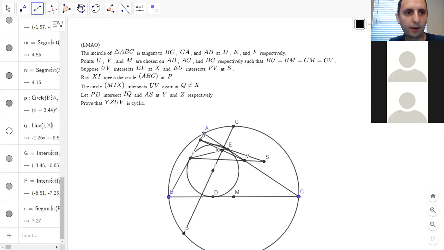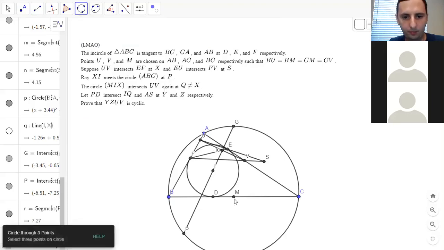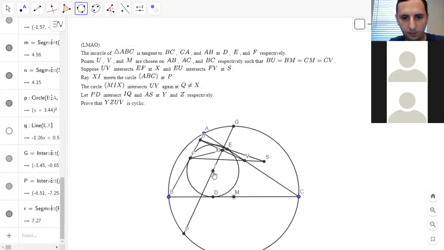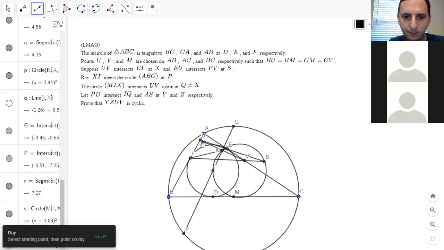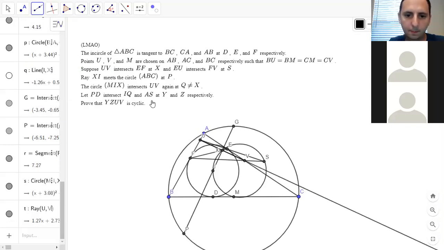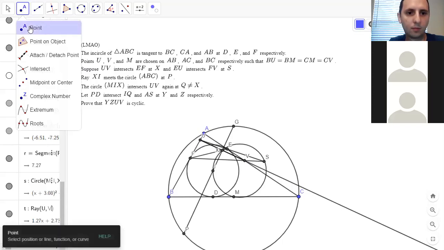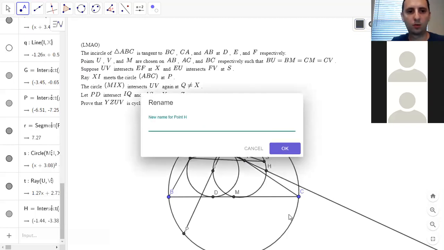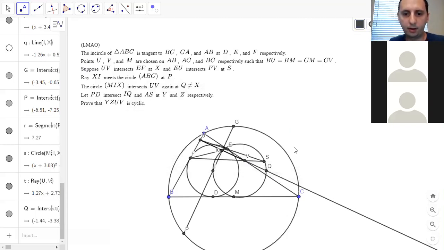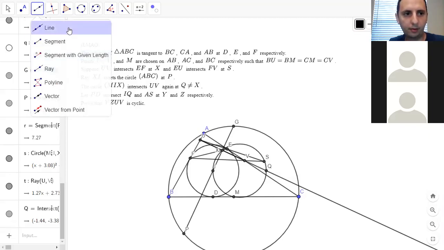And then we draw the circle MIX. Wow, this is a long problem. And it intersects UV again at Q. And let PD intersect IQ and AS.